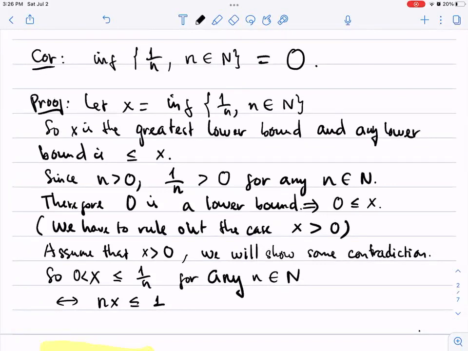Again, I would like to give a proof here because we didn't give any proof about the infimum notion yet.